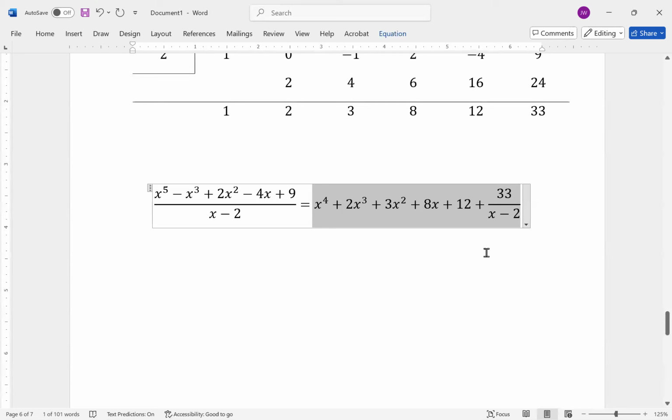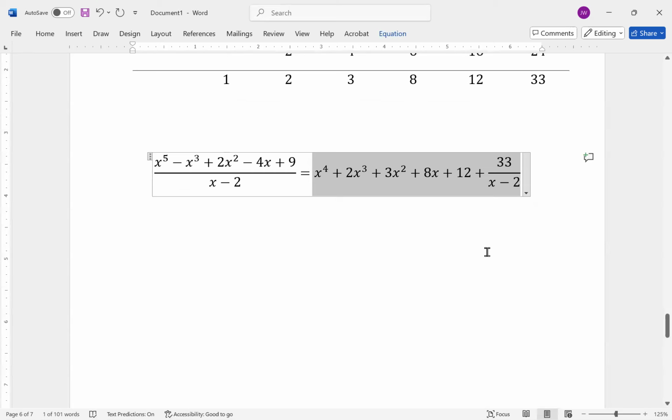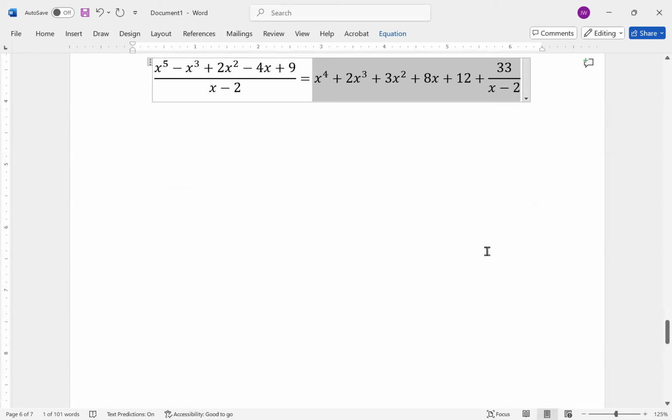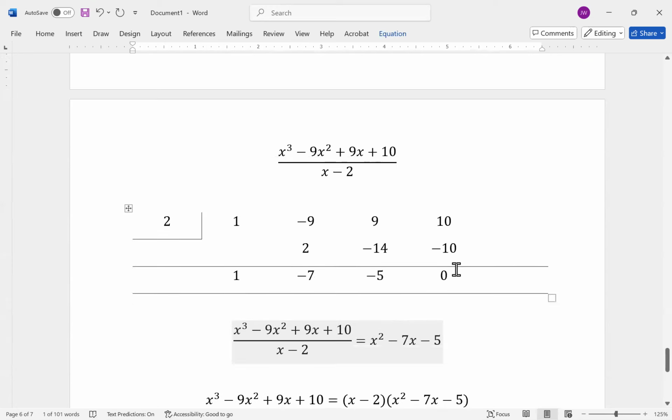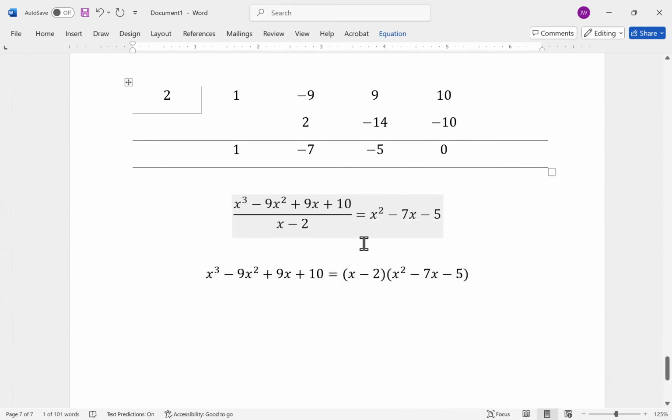So that 33 divided by x minus 2 told me I got not a polynomial there. Whereas in this example, obviously I got a polynomial when I divided. So that's a very nice feature to have when we divide, getting no remainder, that is.